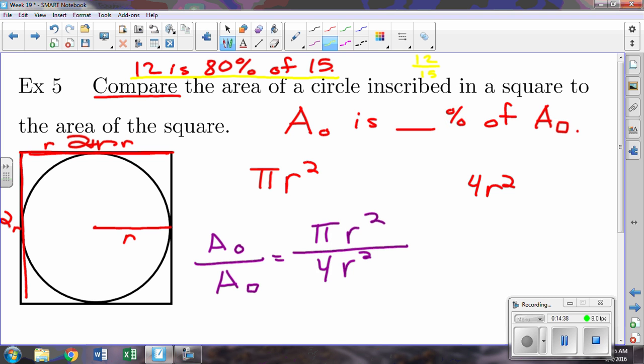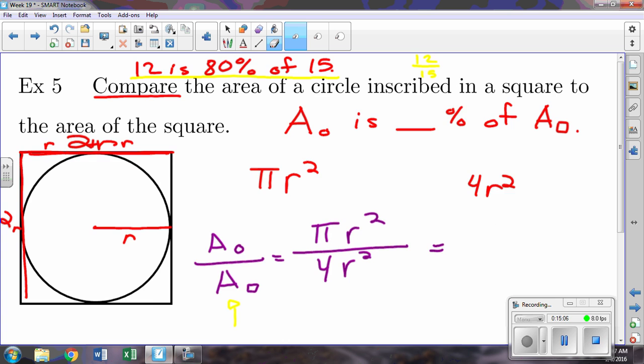Well, to compare area of circle and area of square, we have likewise created a fraction. So what percent is that out of 100? We can do this with the percent proportion if we wanted to, or it might be easier just to do decimals.